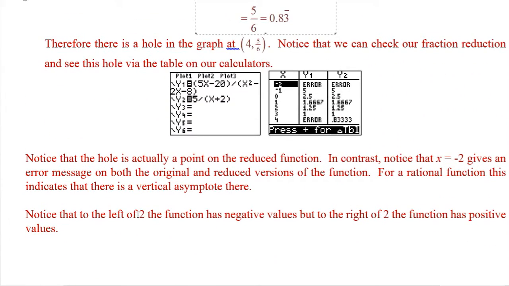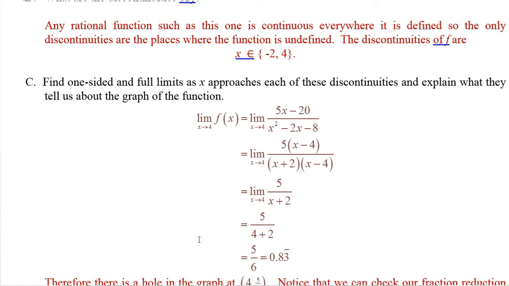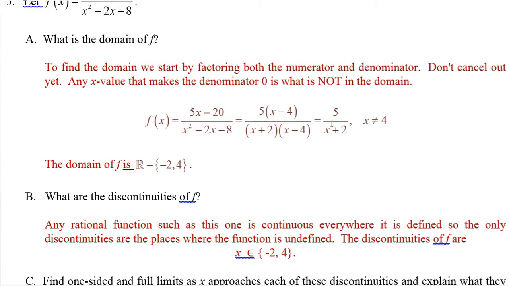Now the next thing to notice, whether you're looking at the original or the reduced version here: if x equals negative 2, the denominator is 0, and the whole thing is undefined. But if x is a little bit bigger than negative 2, like negative 1.9, the denominator is positive. So we're talking about positive numbers when x is to the right of negative 2.